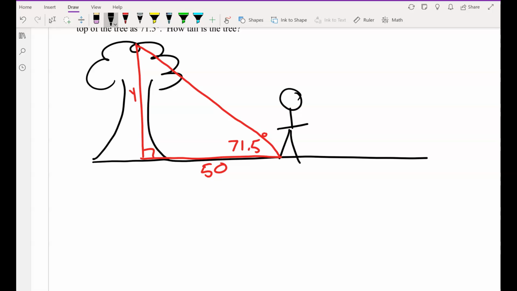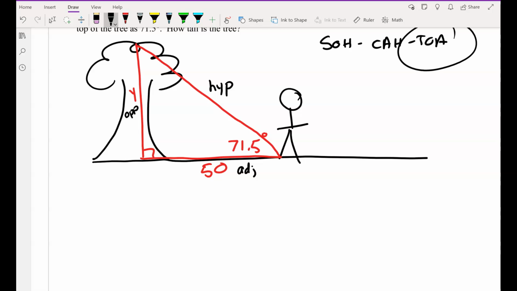So if you remember from last time, here's our angle. So we're going to label our sides. This one's opposite, this one's adjacent, and this one is the hypotenuse. I know the adjacent, I want the opposite. So if I go to SOHCAHTOA, the one that has both opposite and adjacent is TOA. So I'm going to choose tangent.